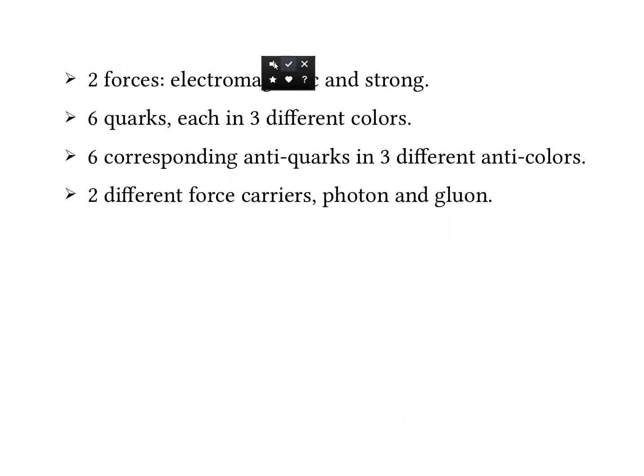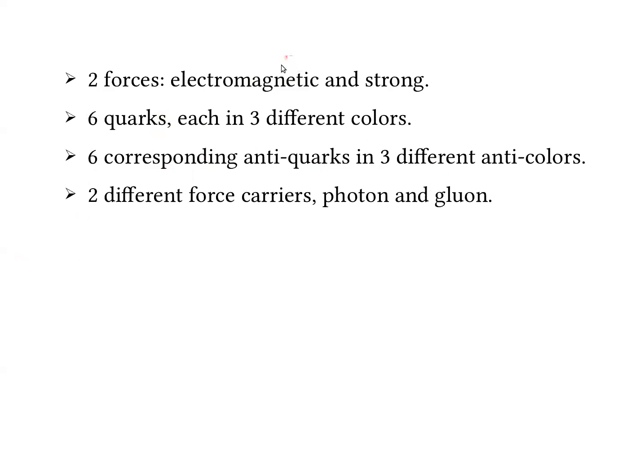So here what we saw is that quarks interact with two forces, electromagnetic and strong. We have 6 different kinds of quarks with 3 different colors, and they have corresponding anti-quarks with 3 different anti-colors also.